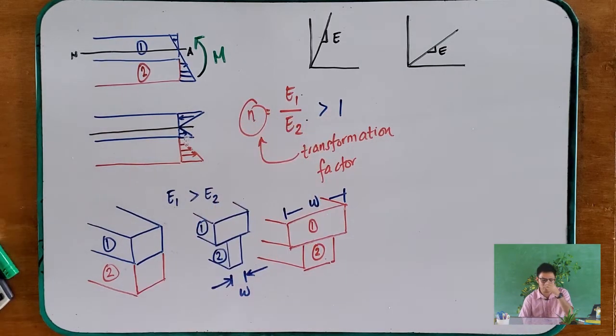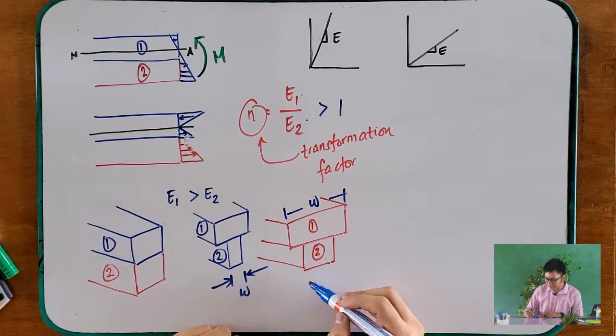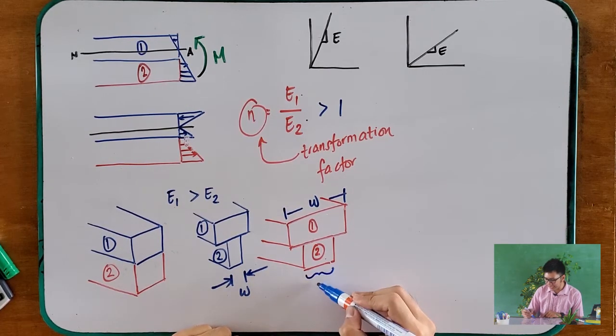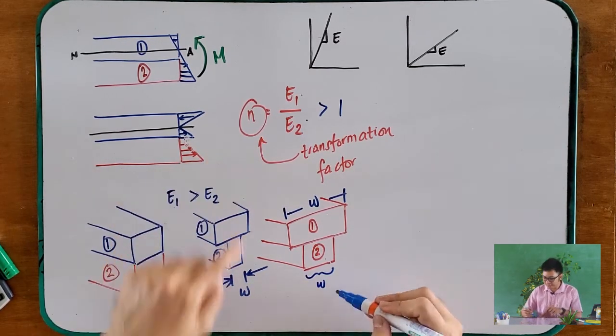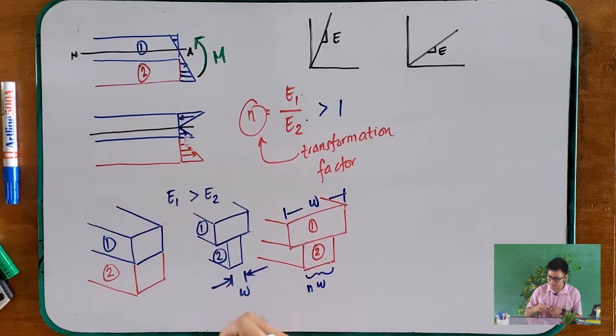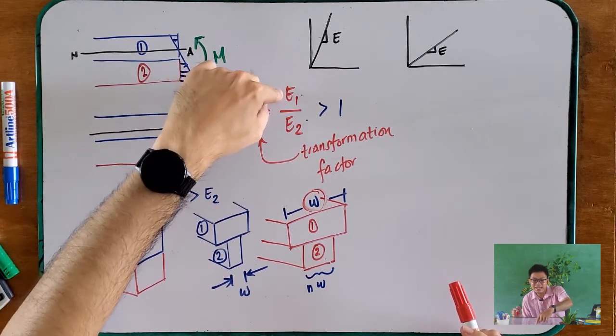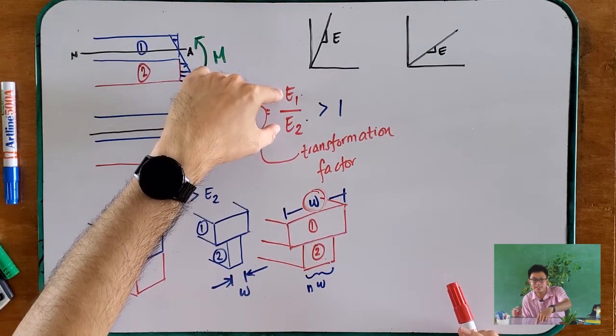So what will happen? What you will just do is multiply the width of this one by the n to get this bigger width. Okay? And this is again if your E is higher than the one you are transforming.